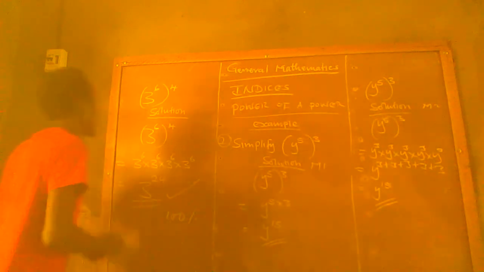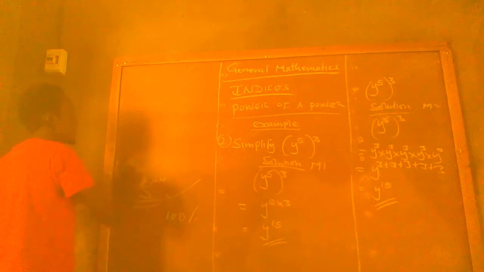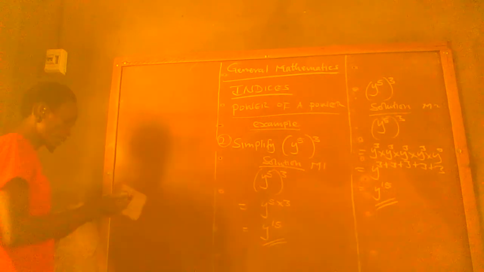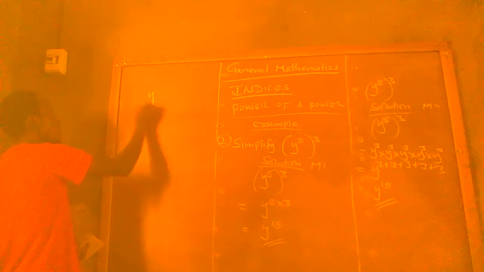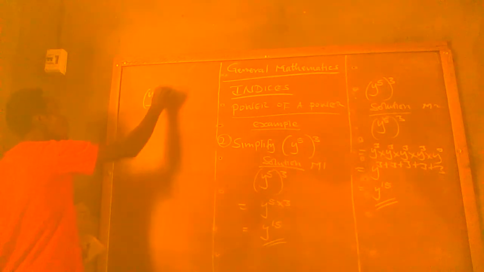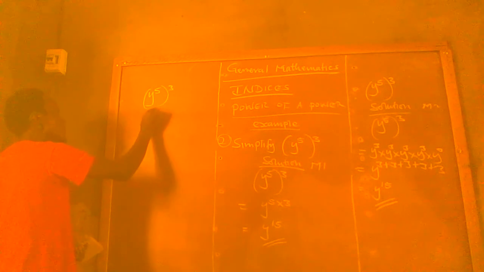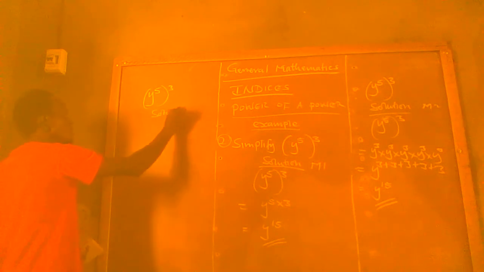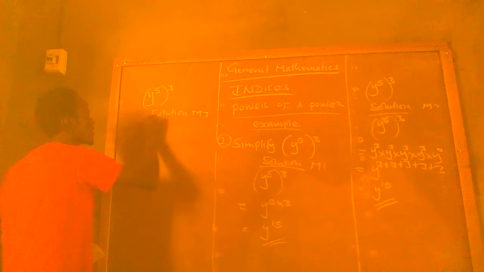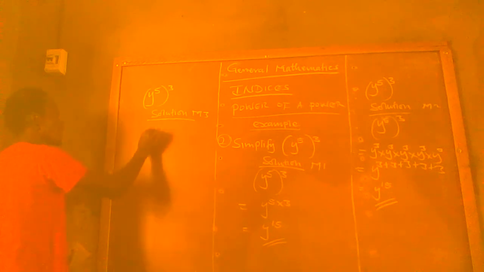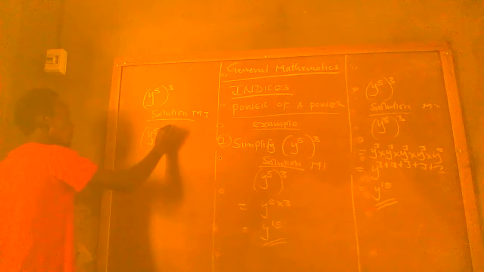Now let's try to solve the other method, which I refer to as method 3, that is y raised to the power 5 or raised to the power 3. Solution. Right? So this is method 3, y raised to the power 5 or raised to the power 3.